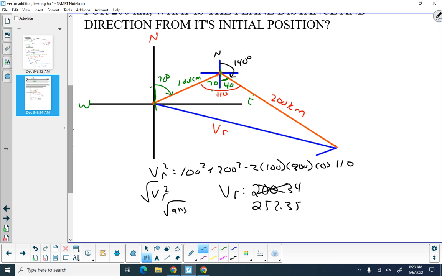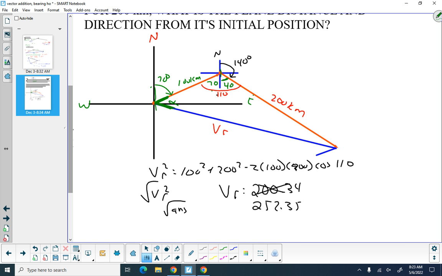Now, we need to have direction also because we need both elements here. For my direction, you always go to the vertex of the angle at the original origin, which is this angle right here. I'm going to call it alpha. I'm not going to use theta and beta in there because that gives us different meanings.